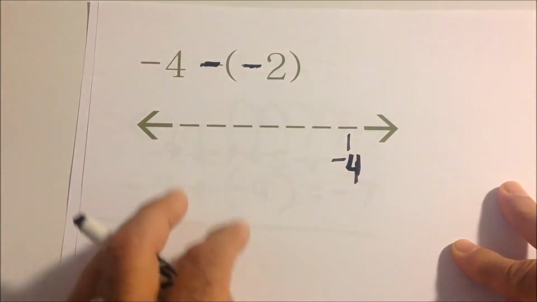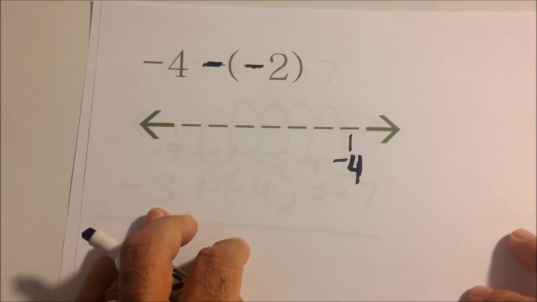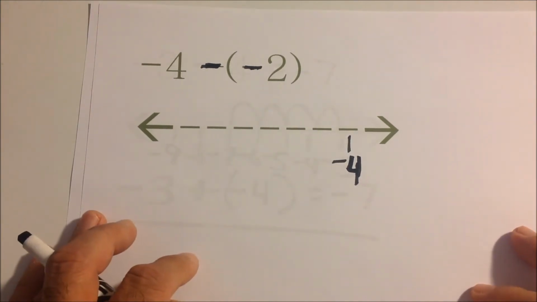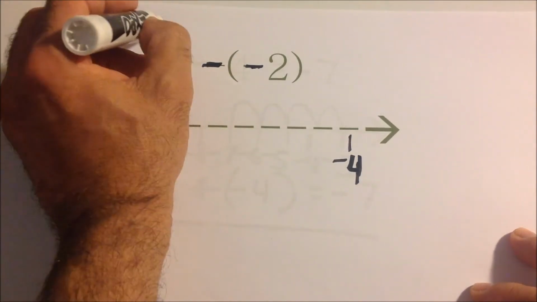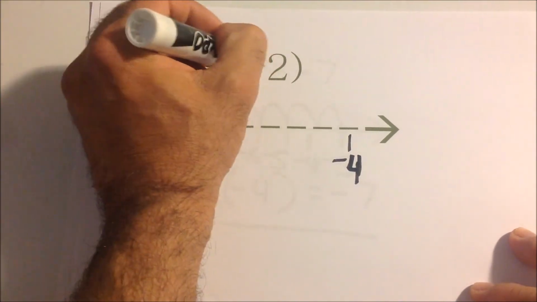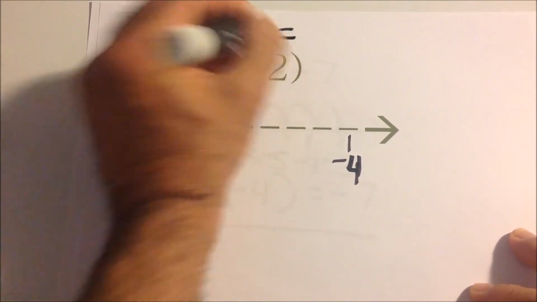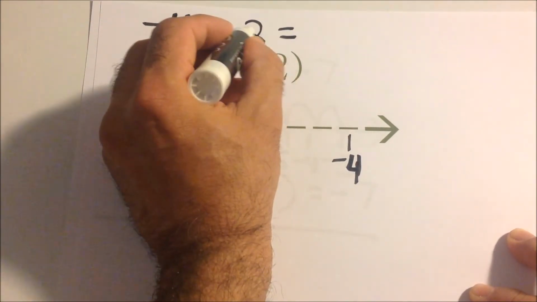If I said stop stopping, what does that mean? To stop stopping. It means to walk. So what does minus minusing mean? To add. We can also do this with keep, change, change. Keep negative 4, change subtraction to addition, change the negative 2 to a positive 2. Right? We owe $4, but we have $2. So now we just owe $2.